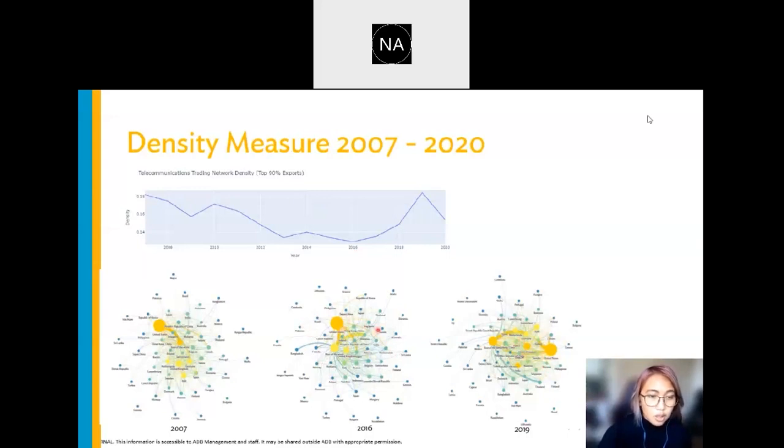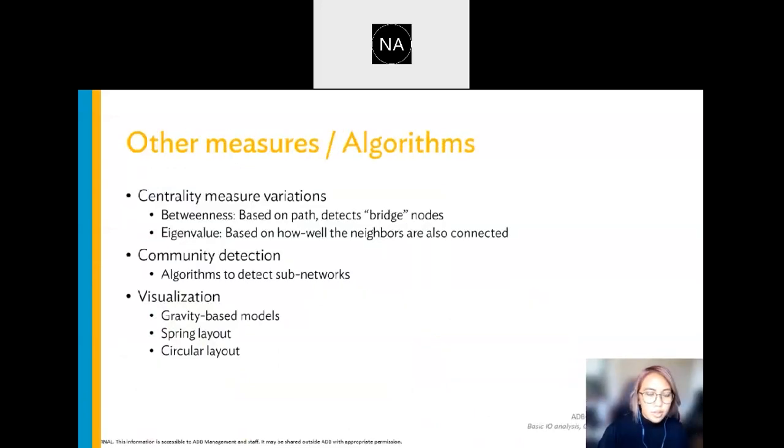In comparison to, say, looking at 2016 only, where the amount of trade is somewhat comparable with 2019, but the number of connections is a lot lower than in 2007 and 2019. So this means that the trades were made by a fewer number of economies compared to these years.